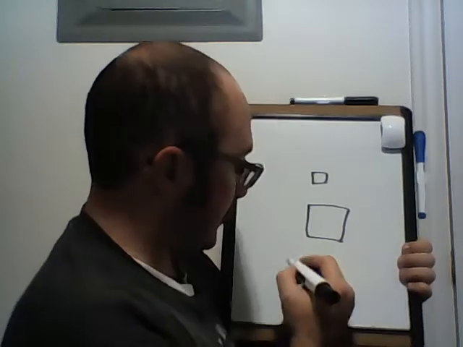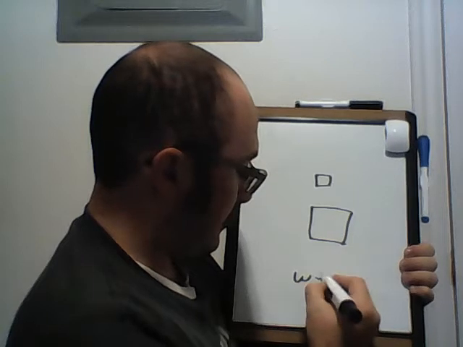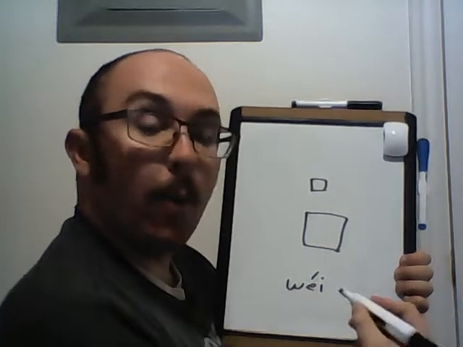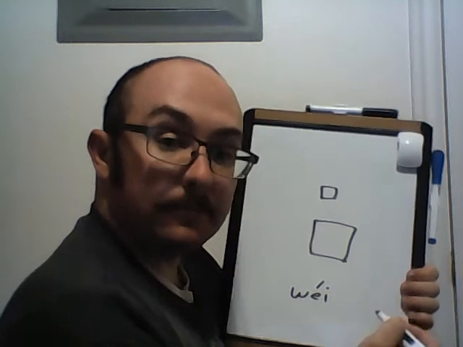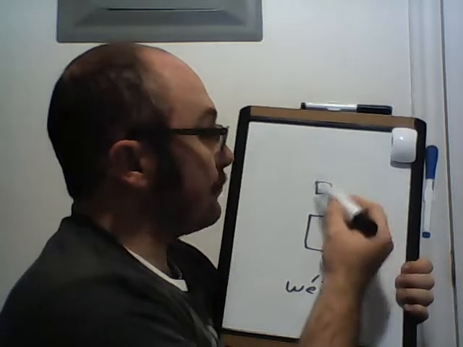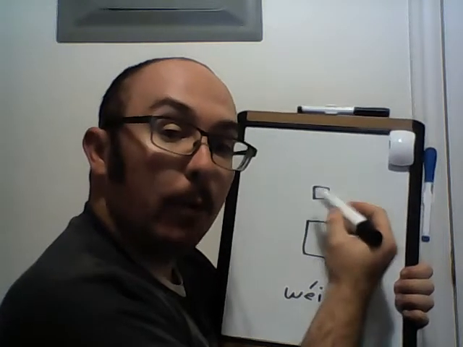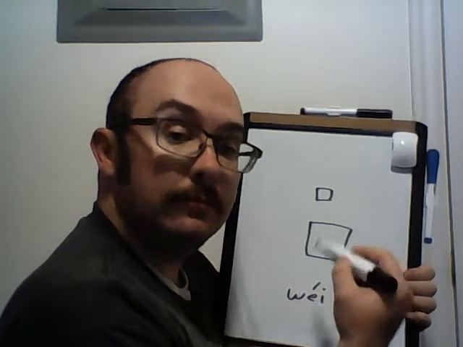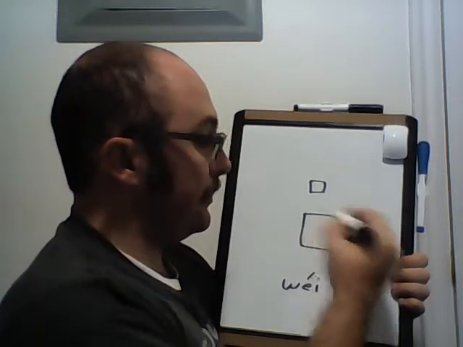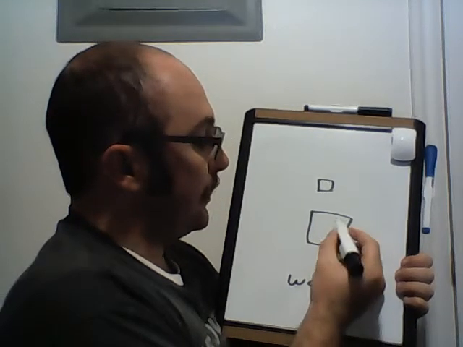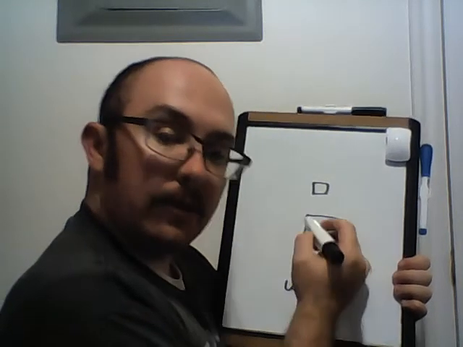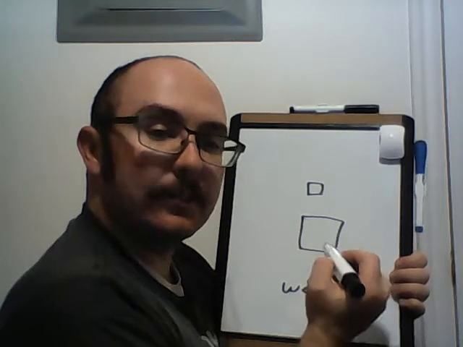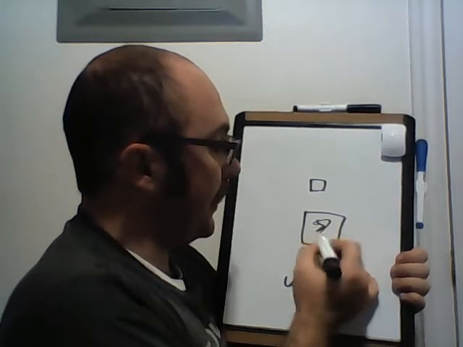So this radical is called Wei. Again, Kou meant mouth. Well, Wei means enclosure, like a complete enclosure. And this radical is always the outside of a character. So there's always stuff going on inside.